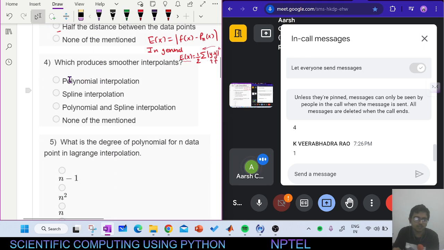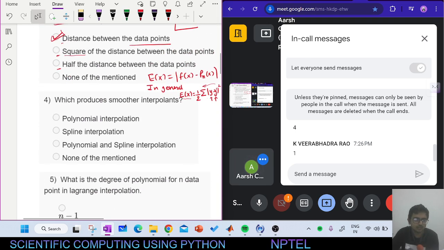Okay. The fourth one, the last controversial one, hopefully: which produces smoother interpolants. First, what is smooth and what is smoother? The "-er" indicates that we want to compare between these two, a comparative degree.